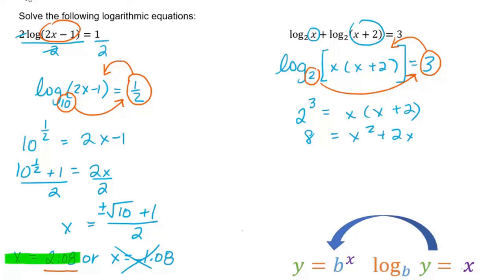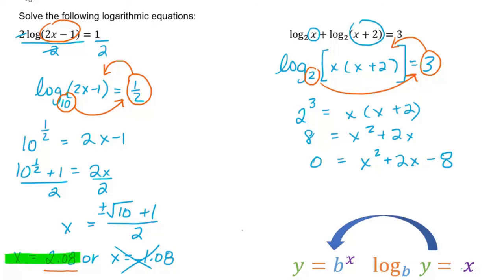Since I have both an x squared and a 2x, I'm going to have to set the equation to 0 in order to solve, and I may have to use the quadratic formula because I have a quadratic equation. So I'll subtract 8 from both sides, so then I end up with a 0 on the left-hand side. So we find 0 equals x squared plus 2x minus 8.